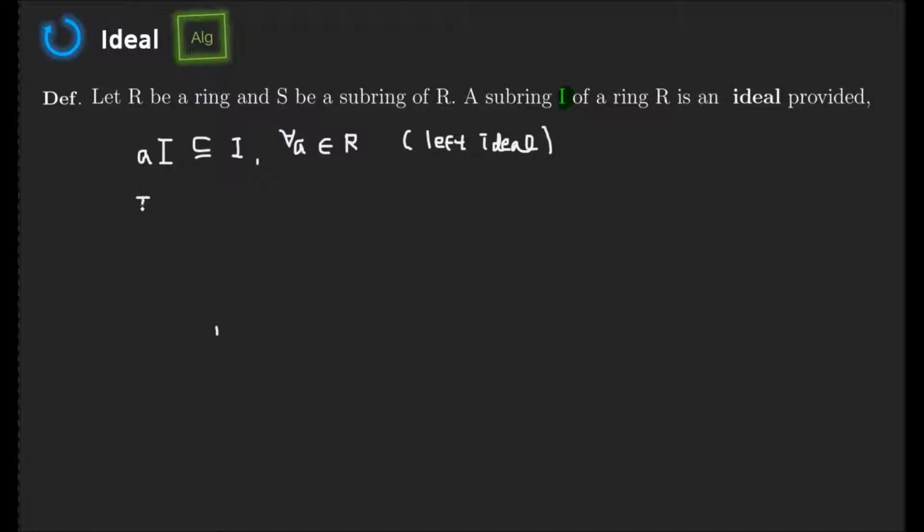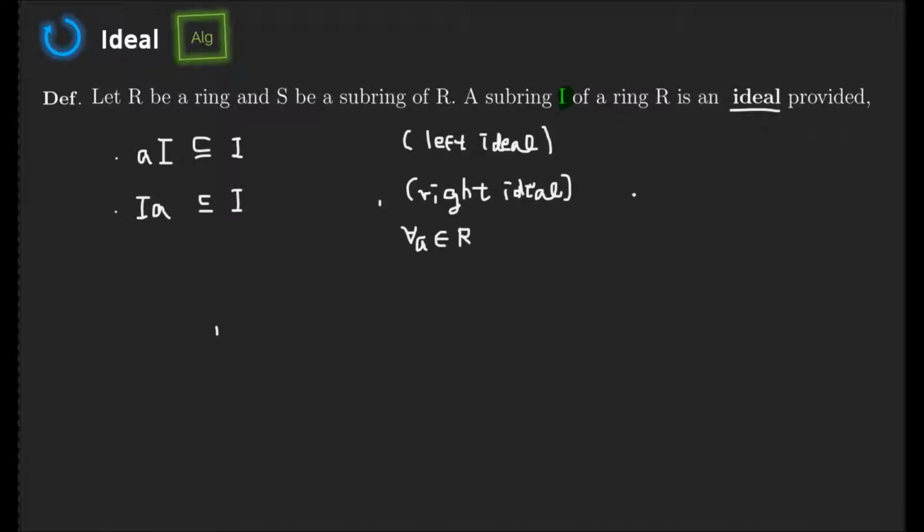And ia is in I for all elements in R; this condition is the right ideal. So when both left ideal and right ideal conditions are satisfied for all ring elements in R, then I is called an ideal.